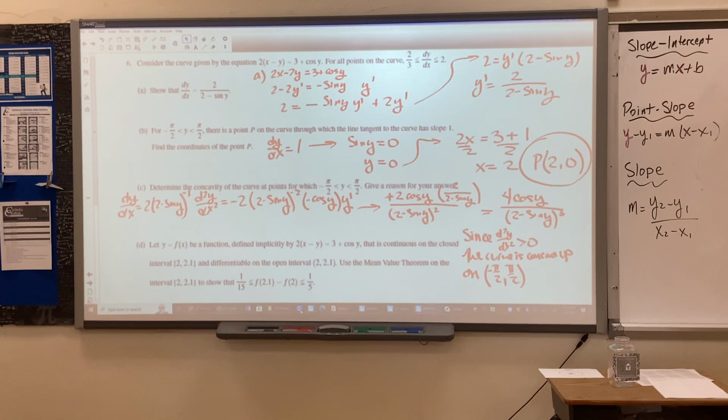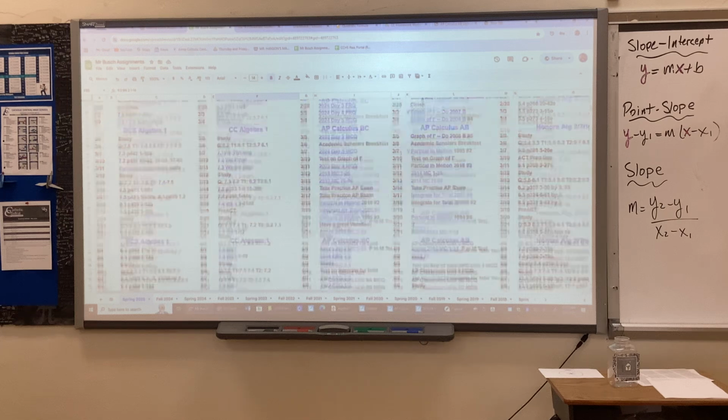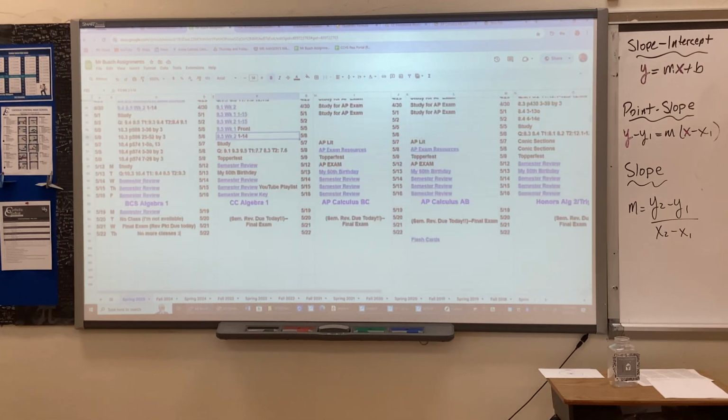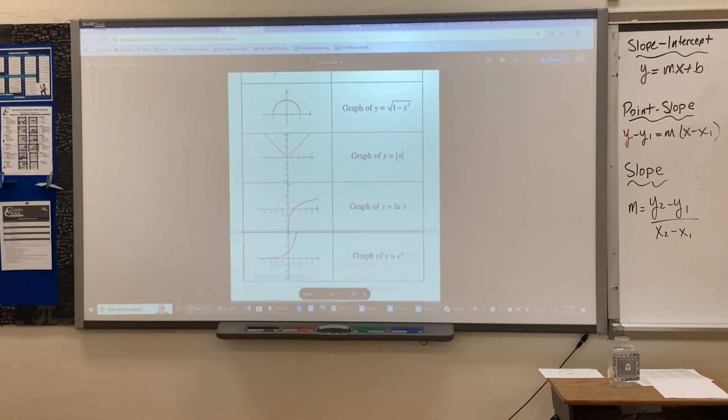Yeah, I'm not sure those flashcards are helping either. So if you're looking at the flashcards on the paper, this is the best form for those.